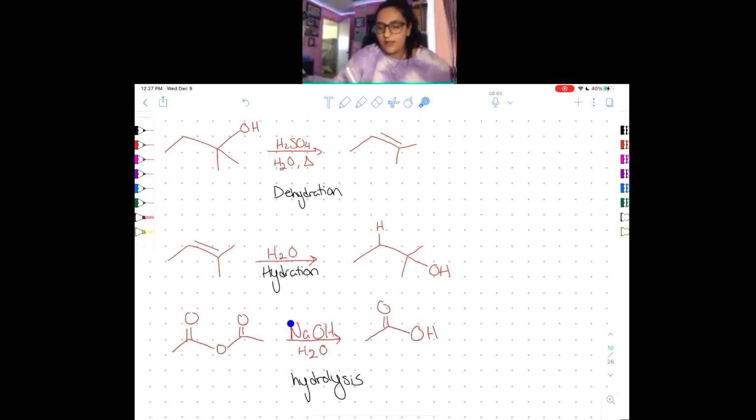If we start off with a carboxylic acid derivative, it's probably going to be either some kind of reduction or a nucleophilic acyl substitution. In this case, since we have NaOH, we know it'll be a substitution reaction, and we end up making a carboxylic acid, and that would be called a hydrolysis. Does that make a little bit more sense?